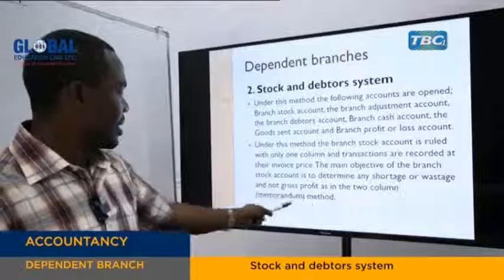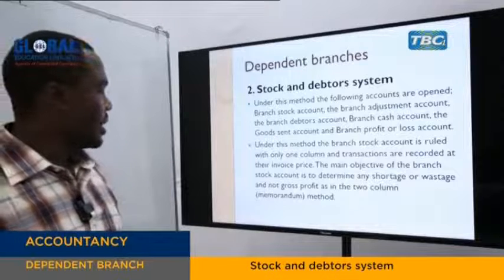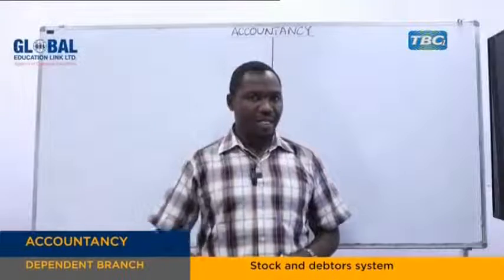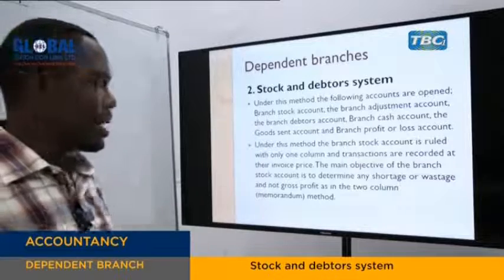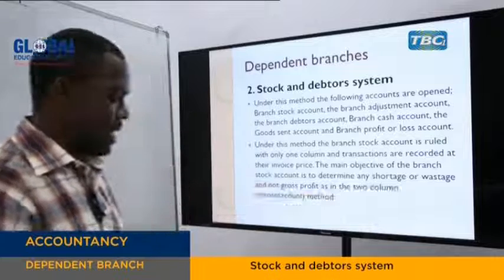In the previous memorandum method, the gross profit was determined in the branch stock account, but it was under the base column. So here now the gross profit will be determined in another account, which is the branch adjustment account.